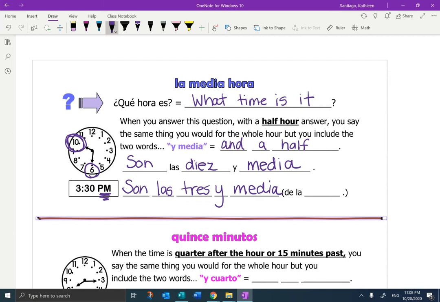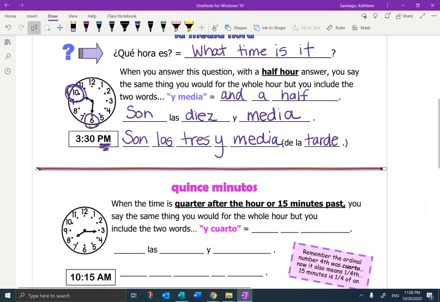We learned the times of days yesterday. Think about if you got to school at 3:30 in the afternoon, you would be really late, or what we would say at school, tardy. So afternoon is de la tarde. And you add that in to signify a little bit more specifically what time it is. So again, half hours, y media. Say the time and then y media.